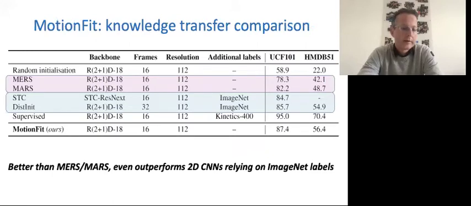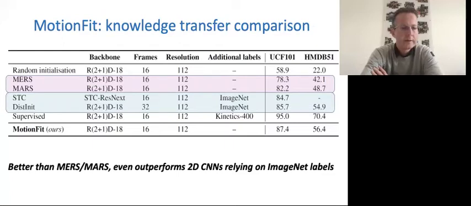Then we compared our motion augmented self-training procedure with other motion knowledge transfer approaches. We compared with MERS and MARS, and these are supervised approaches, so we adapted them to our setting.